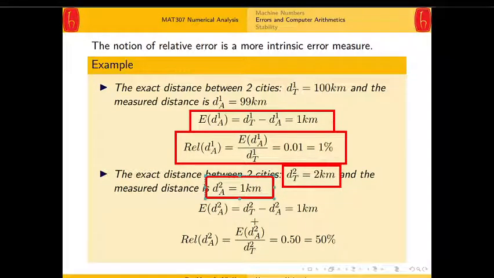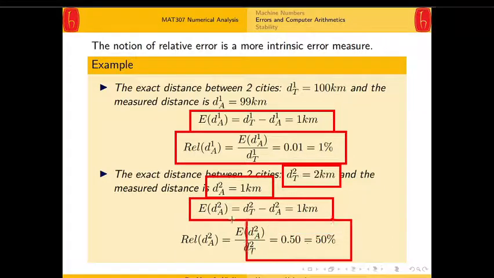In this case we still have 1 kilometer absolute error, but the relative error is 50%. So the error is quite high if we consider the relative error, but the absolute errors are the same for these two examples.